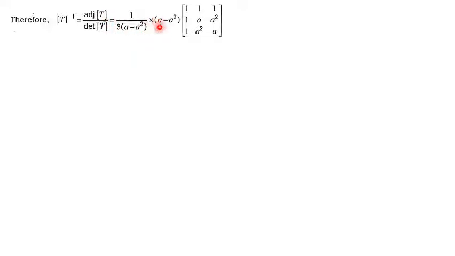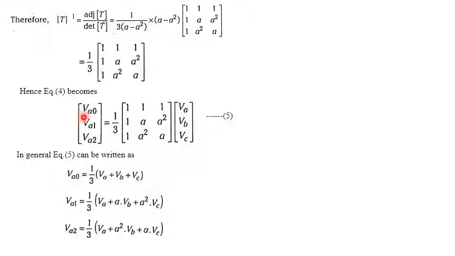The adjoint of the matrix, we understood, is a minus a square times the matrix 1 1 1, 1 a square a, 1 a a square. This term a minus a square will get cancelled, so the remaining term is 1 by 3 times the matrix 1 1 1, 1 a square a, 1 a a square. So from equation 4, we already know that Va0 Va1 Va2 of the matrix T inverse can be written as 1 by 3 times 1 1 1, 1 a a square, 1 a square a, into Va Vb Vc. Multiplying this, consider this as equation 5.